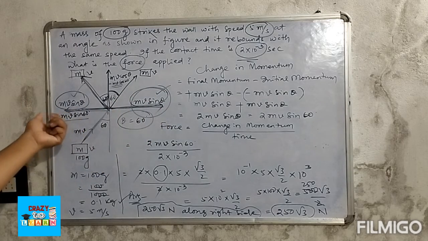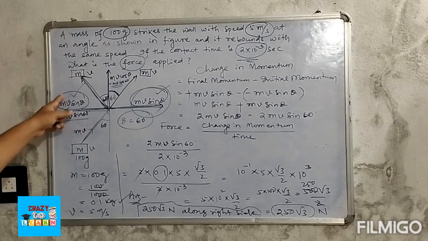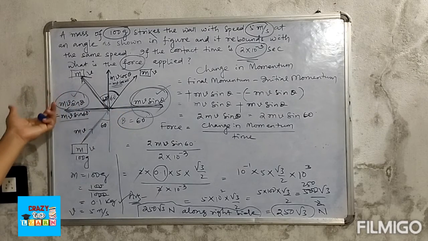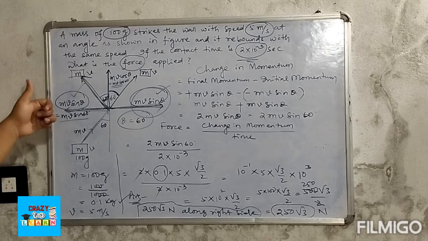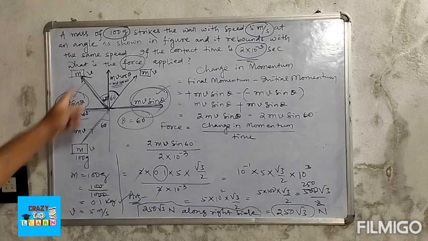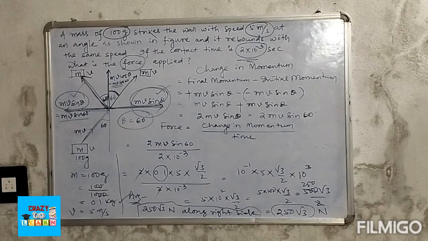One is positive, one is negative, and something is subtracted from the greater value, that means we get the direction along the greater value. So it is 250 root 3 Newton force along the right side. What is the force applied? The force applied is 250 root 3 Newton along the right side direction. Are we all clear? Okay, thank you.